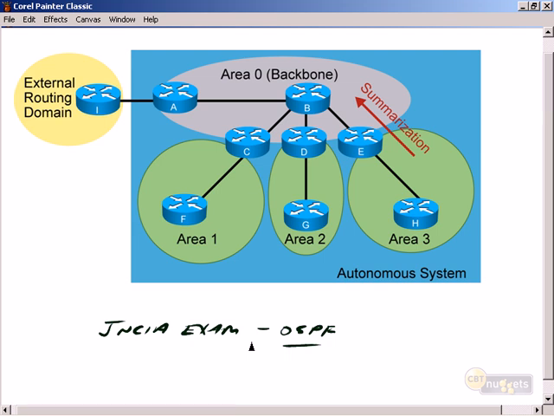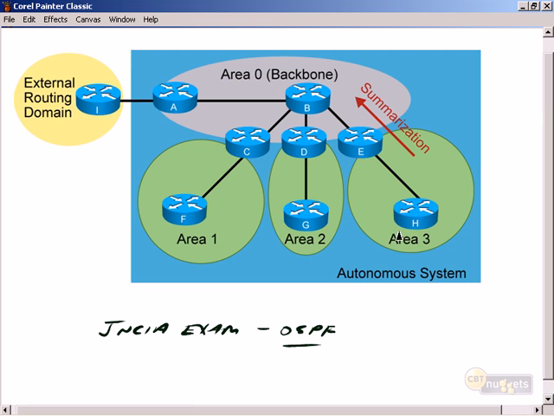However, with areas, we've got areas 1, 2, and 3 here, all within this autonomous system, or we can call it our administrative domain. All the routers in one area, let's say area 1 and area 2 and area 3, have to have the same identical link state database. So each area has to have an identical link state database.